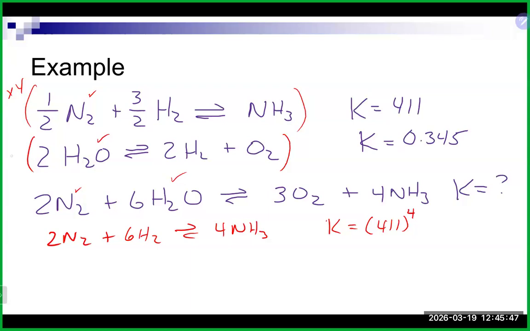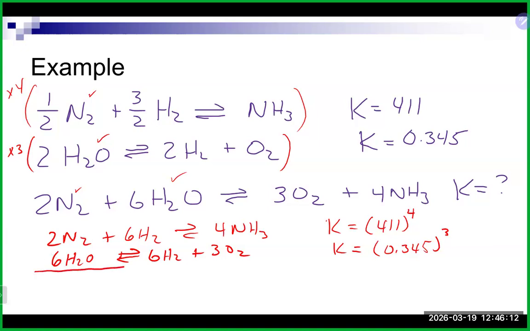So that's going to require me to multiply this guy by 3. And if I do that, that's going to give me 6H2O goes to 6H2 and 3O2. And again, what I did in this case is I multiplied by a common number. So once again, going to take it to that power, not multiply by 3.